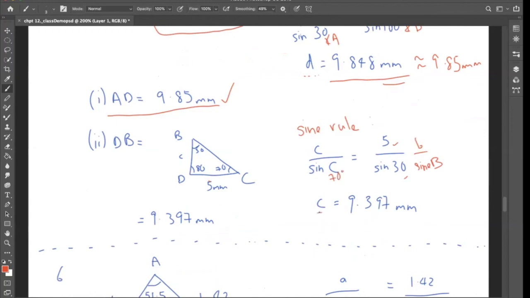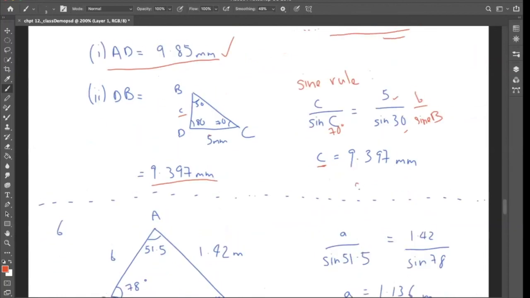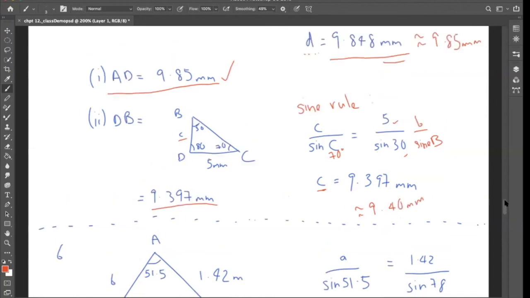So I can solve for the length c here, which is 9.397, so round off to 9.40. Okay, so far okay?